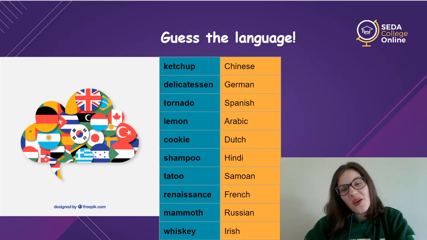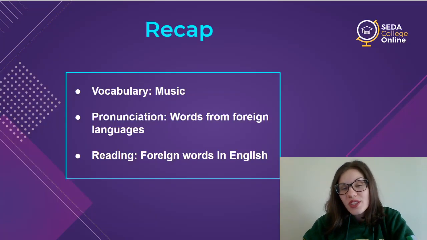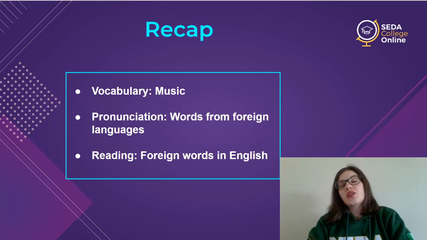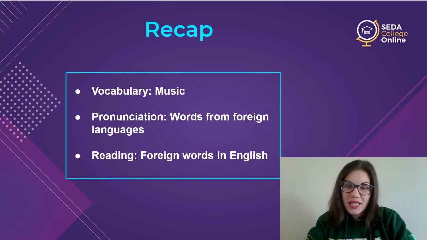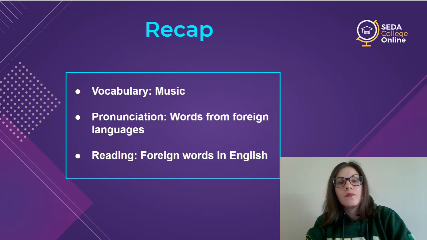Alright guys, so this was our lesson for today, and let's see very quickly, very briefly, what we talked about today. We focused at first on vocabulary about music and the pronunciation of words related to music that comes from foreign languages.